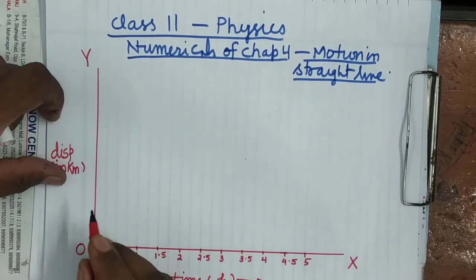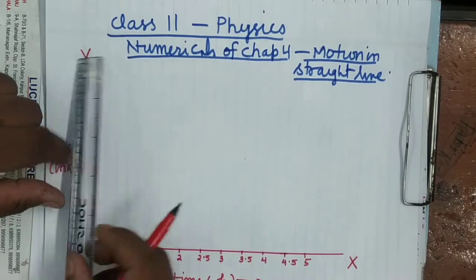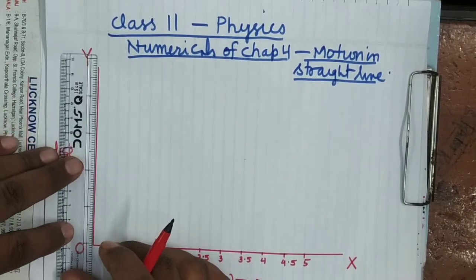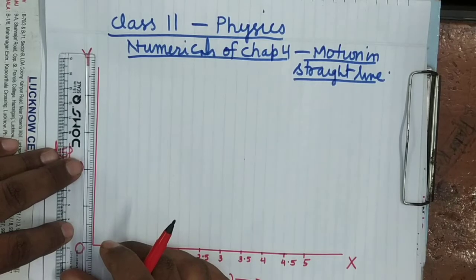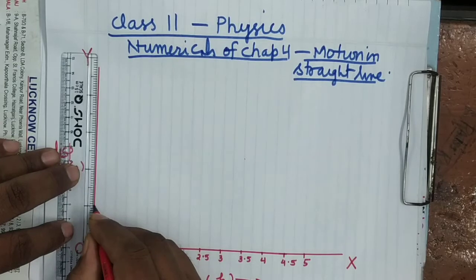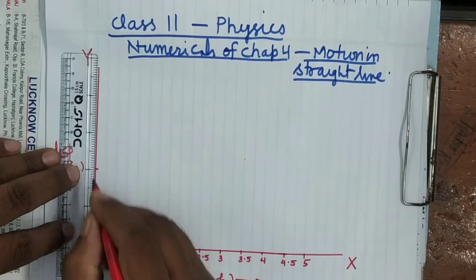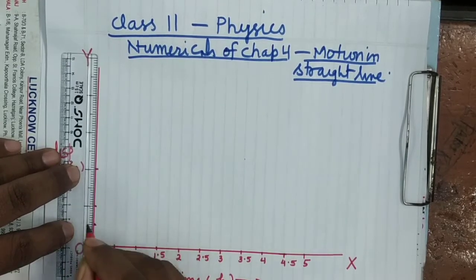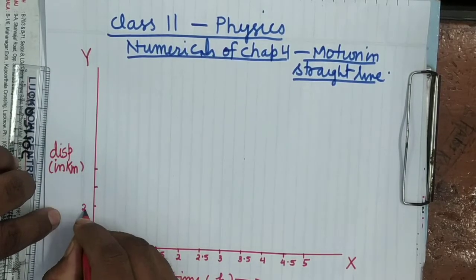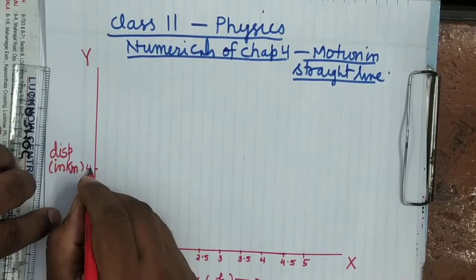And here you can take distance in kilometers. So I have taken this way. This is 1, 2, 3, 4.